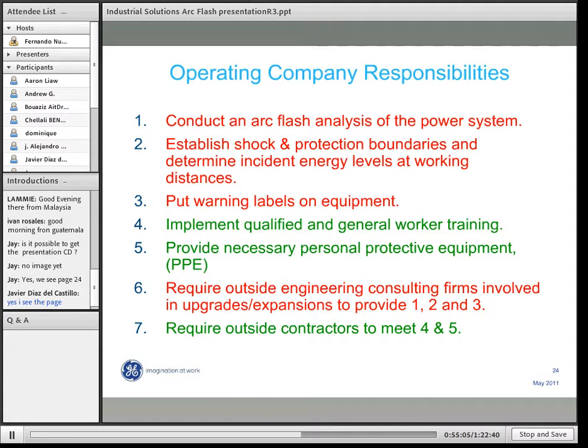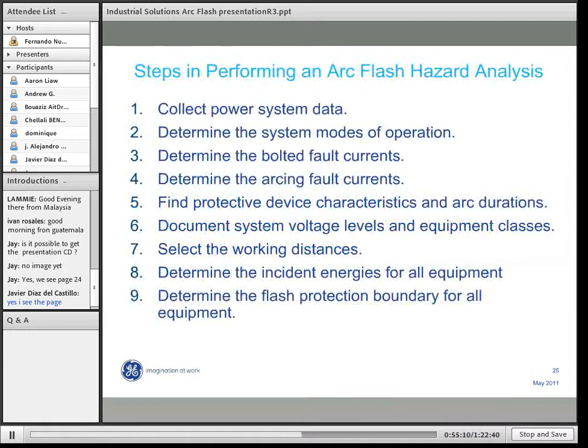Okay, the arc flash hazard analysis is sort of an extension of what you would do in a short circuit and protective device coordination study. You collect the data, you determine the system modes of operation.